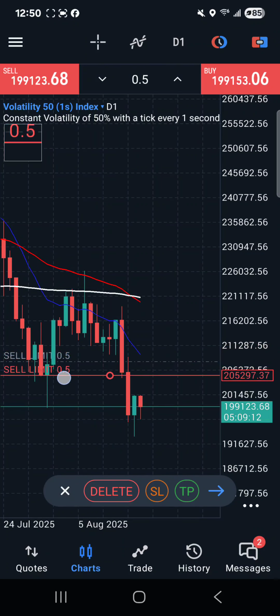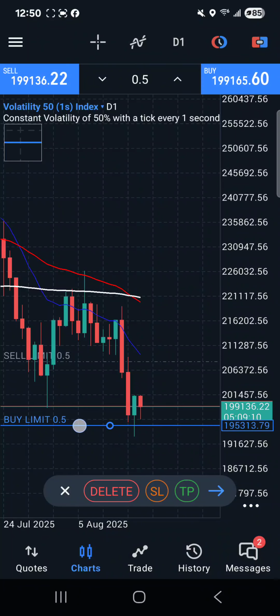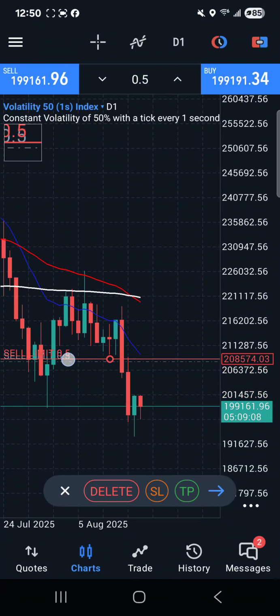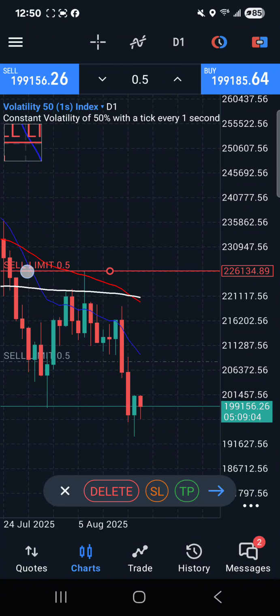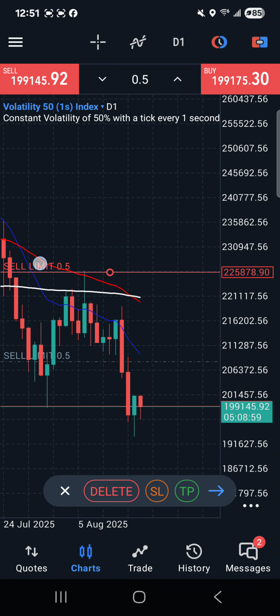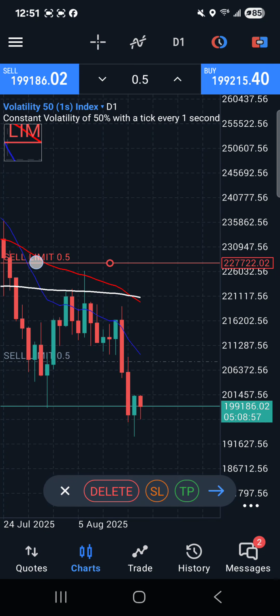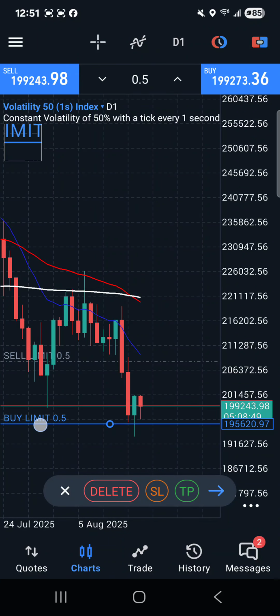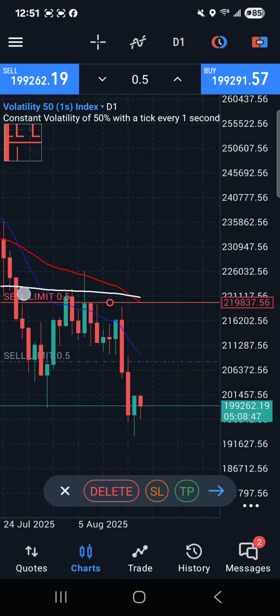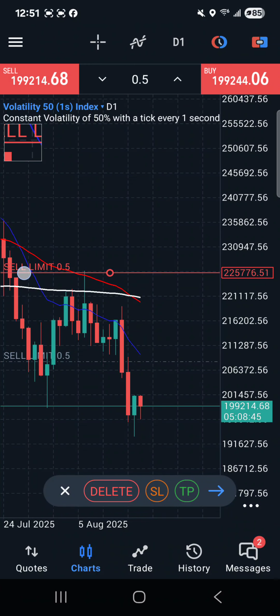If this doesn't give us a move to the downside, and it continues to move up and we close above this high here, we close above this high, taking this high here, then this area is going to be a left shoulder, this area is going to be a head, and this area is going to be the neck.